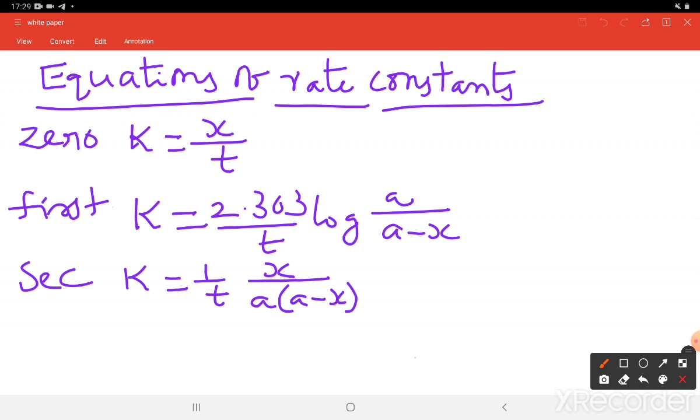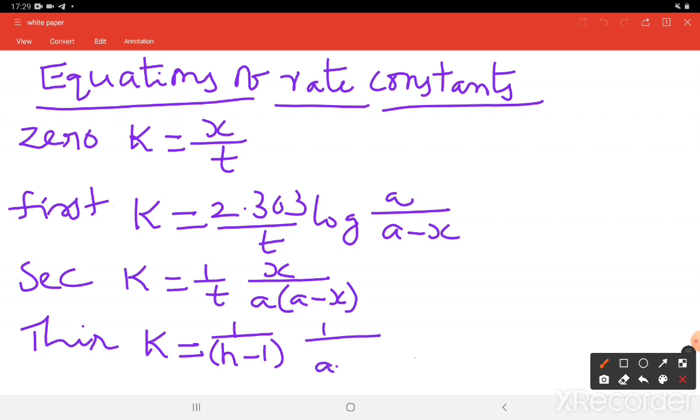For third order reaction, k is equal to 1 by (n minus 1) into [1 by (a minus x) power (n minus 1) minus 1 by a power (n minus 1)].